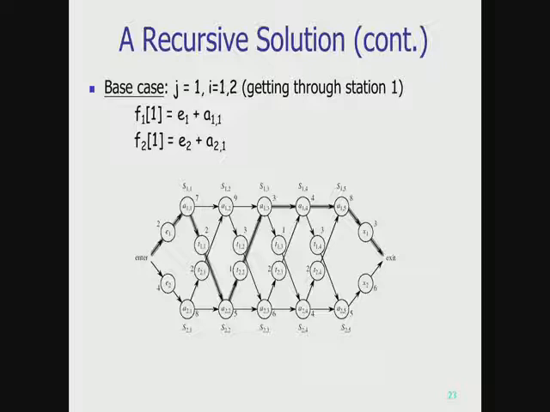In this case, as you can see, it is 9 units of time, but the generic formula that we can write down is that F1 of 1 is E1 plus A11. This is the time taken to enter into line 1 and the time taken to be processed at the first station on line 1. Similarly, F2 of 1 is the time taken to enter into line 2 plus the time taken to be processed at station 1 on line 2. The formulae are written there. F1 of 1 is E1 plus A11 and F2 of 1 is E2 plus A21.